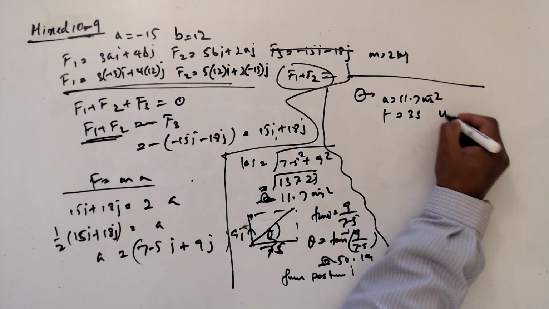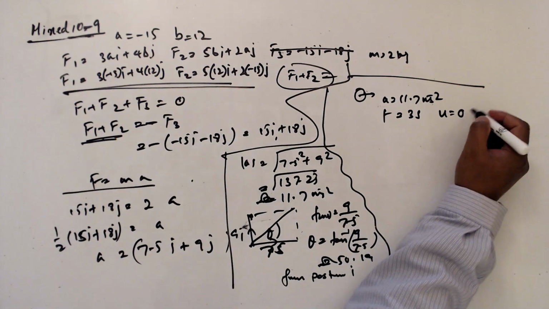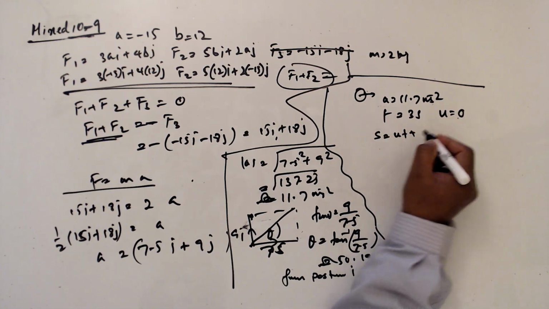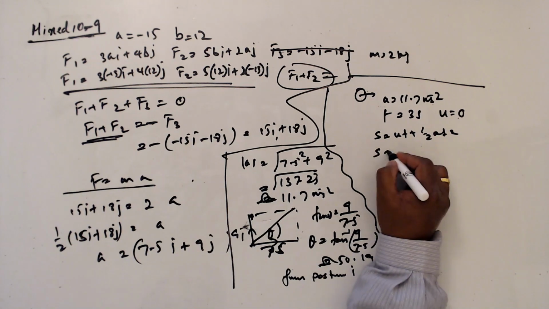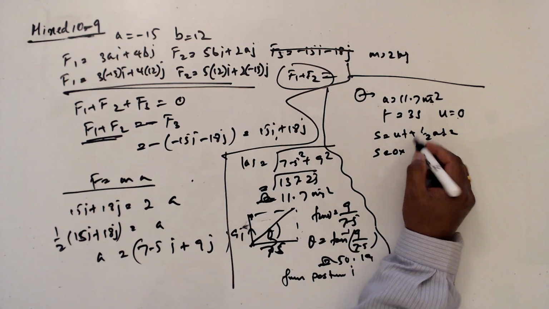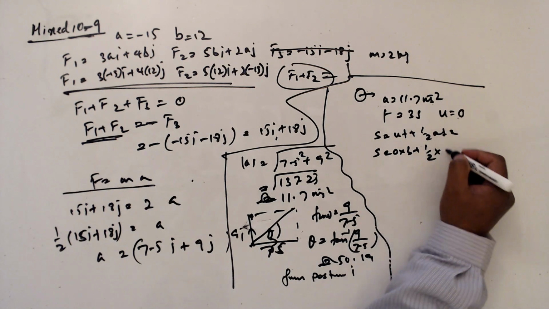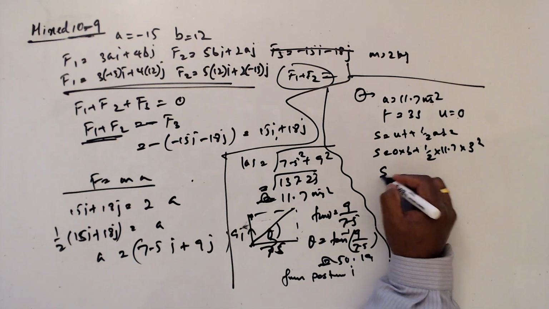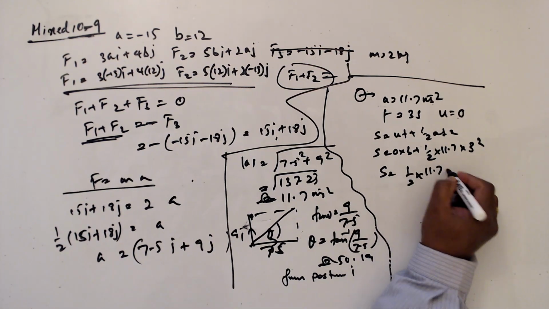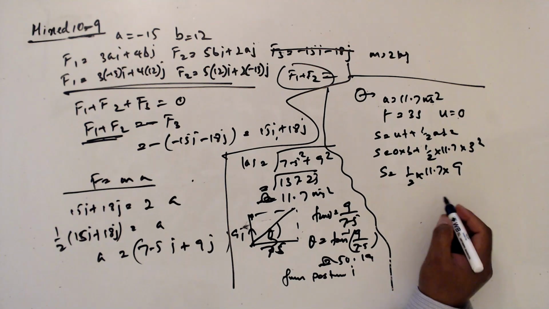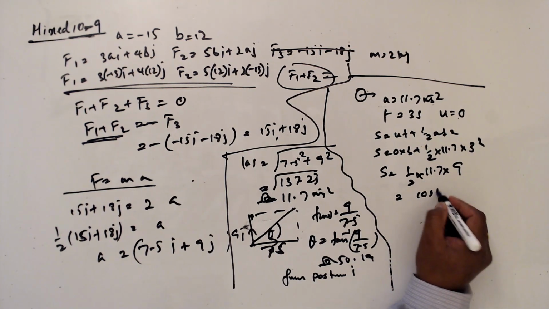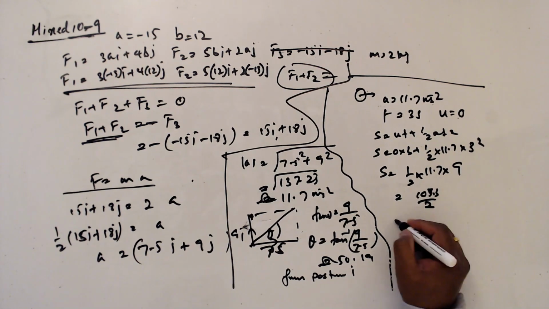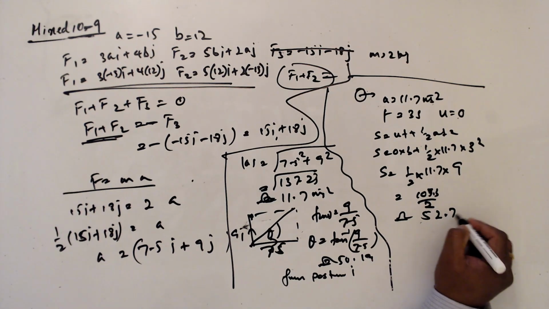Starting velocity is 0. s equals ut plus half a t squared, so s equals 0 times 3 plus half times 11.7 times 3 squared, so half times 11.7 times 9, which is 105.3 over 2, so approximately 52.7 meters.